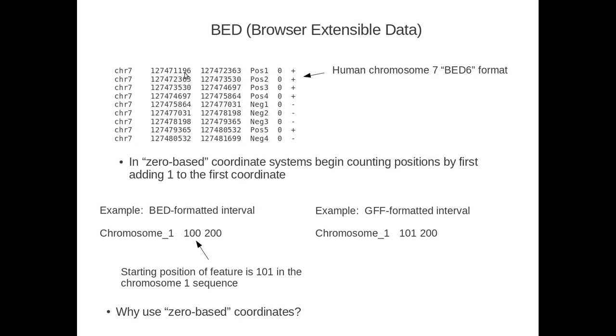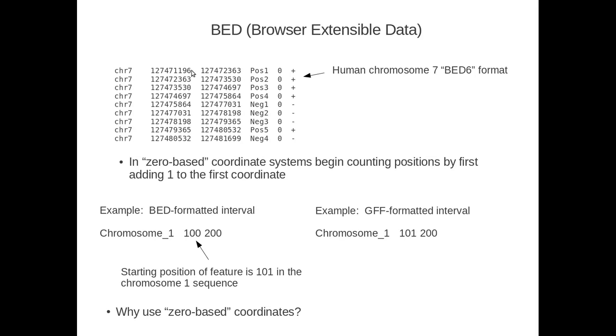So this position here is actually 127 megabases, 471,197 is the position that this coordinate actually refers to, not 96. So this is a zero-based coordinate system because it begins counting at 0, not at 1.